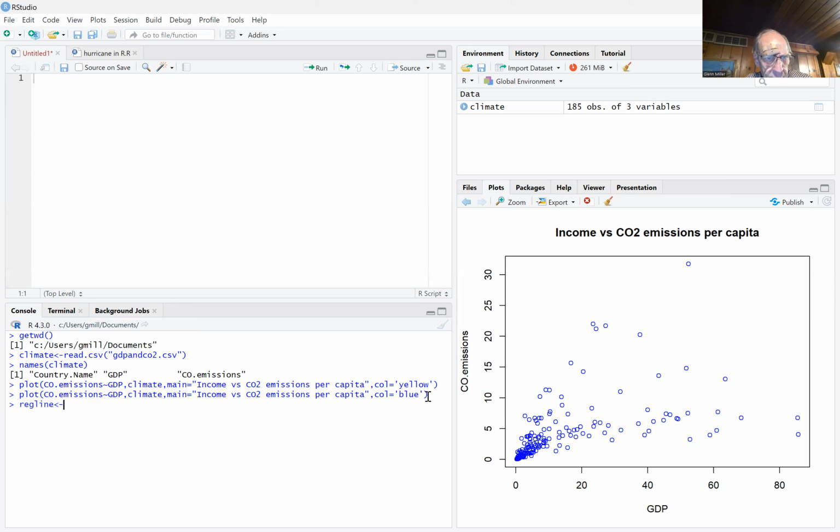So regline is a linear model using CO2 emissions, which we think are dependent on GDP. Data set is climate. And I'll do it.